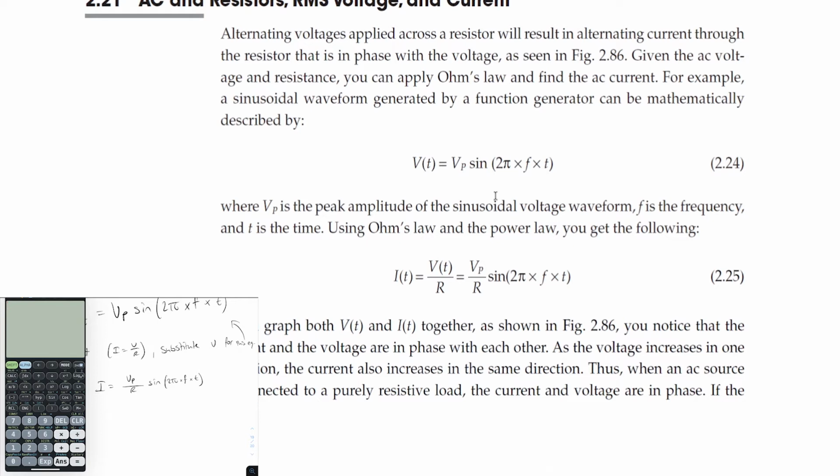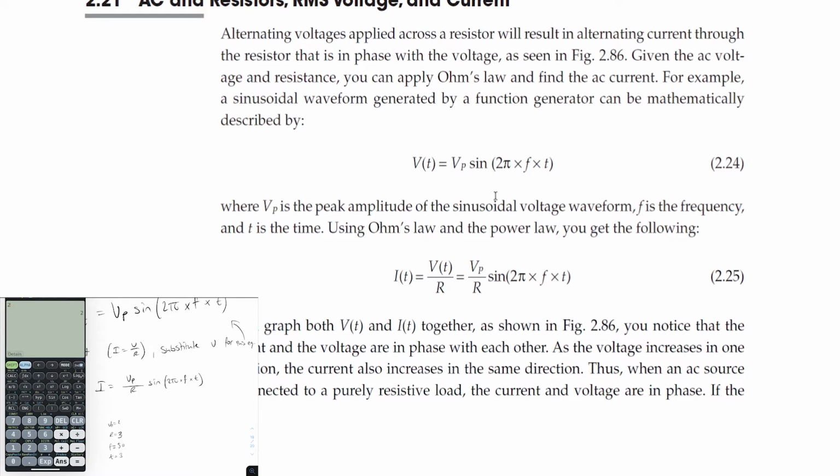Okay, so I have to make some assumptions now from some numbers. VP is equal to 2. R is equal to 2 as well. Let's make R equal to 3. And F is equal to 50, right? And T is equal to 3 seconds. Anything else I need? No.